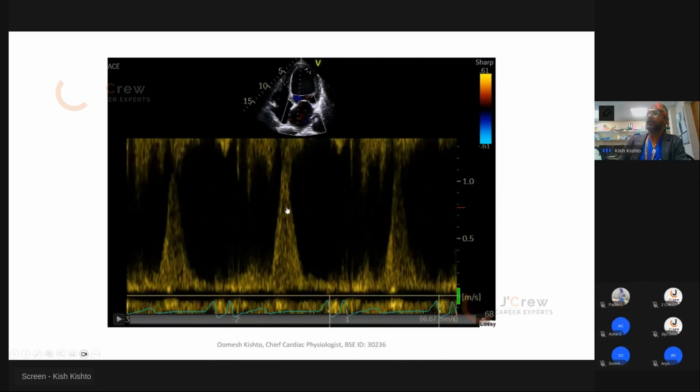And here, the pulmonary vein. If you don't do that routinely, here you go: whenever you have severe or moderate MR, you can do it and get hands-on practice. Now you can see the flow reversal. This is systolic, this is diastolic, and because of the severity of the MR it has reversed.